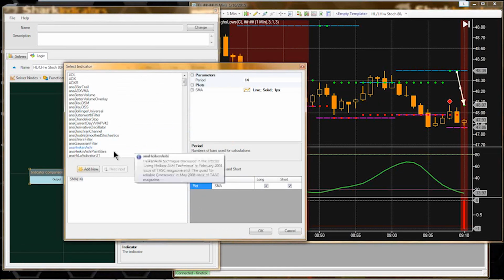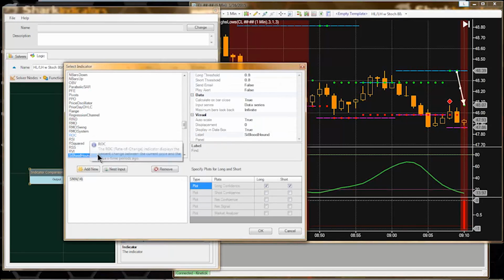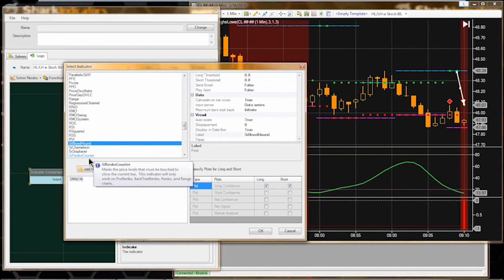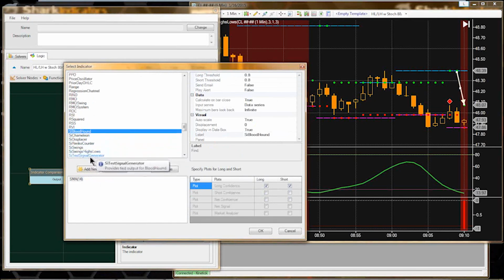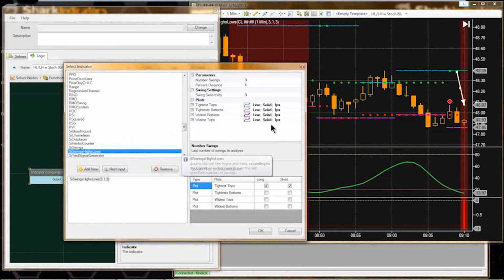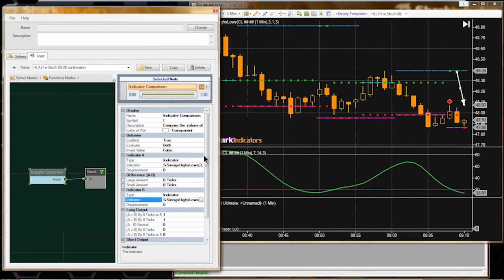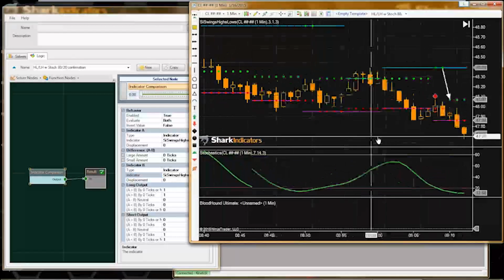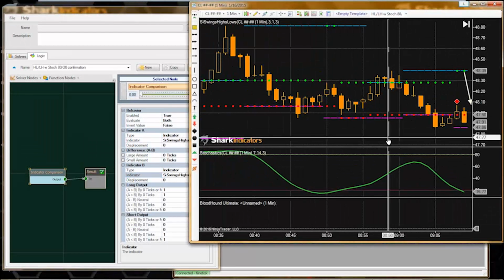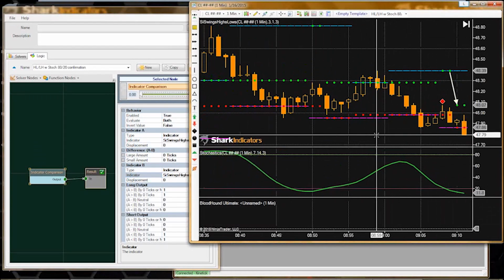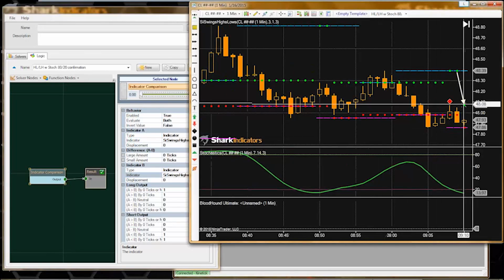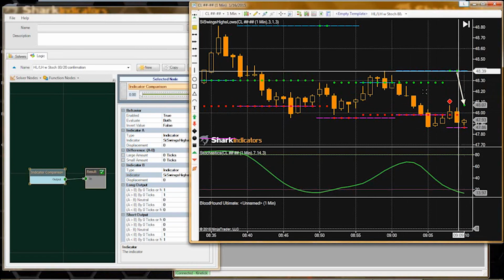And I'm going to do the same thing in indicator B. Set this up exactly the same, just like that. Once again we're using the tightest tops to generate a short signal. And you'll notice we don't have anything yet. That's because what we need to do is compare the current bar to one bar back.